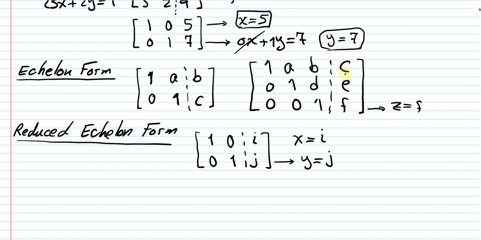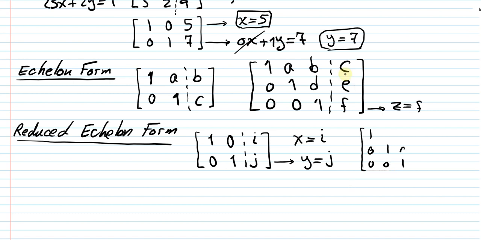That's the advantage. What does the reduced echelon form look like for a 3 by 3? Again, you have ones along the main diagonal, zeros below it. You have this nice triangular formation of zeros.